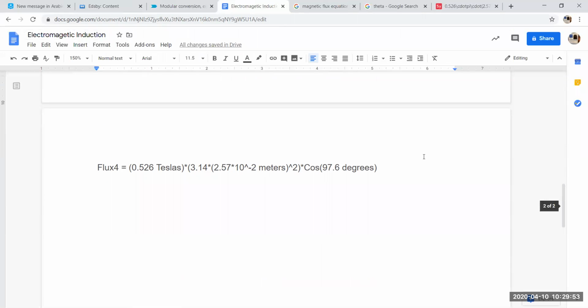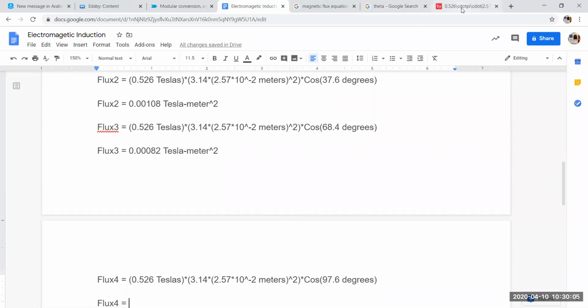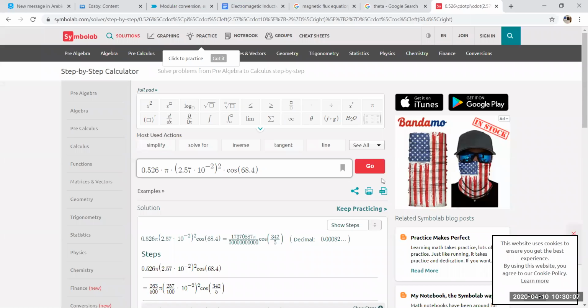Last one. Then we can talk about the assignment itself. Flux 4 is going to be equivalent to, well, let's see here. I could have just pasted that, but I didn't. But the last angle, I think, was 97.6.